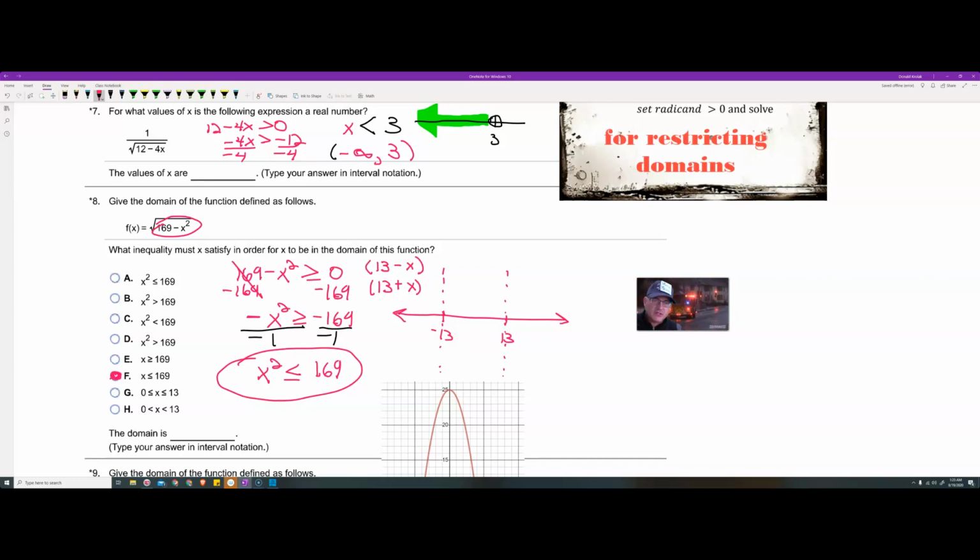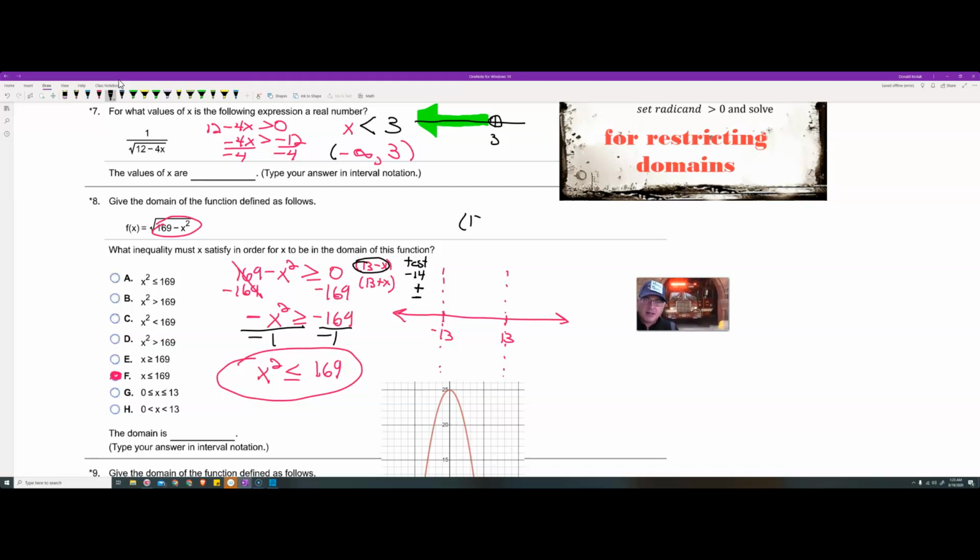Then what you do is you pick test numbers. A test number is a number that's in that interval. So for example, a test number to the left of negative 13 could be negative 14. If I take negative 14 and plug it into this first expression, I'm going to get 13 minus negative 14, which is a positive number. 13 plus negative 14 is a negative number.